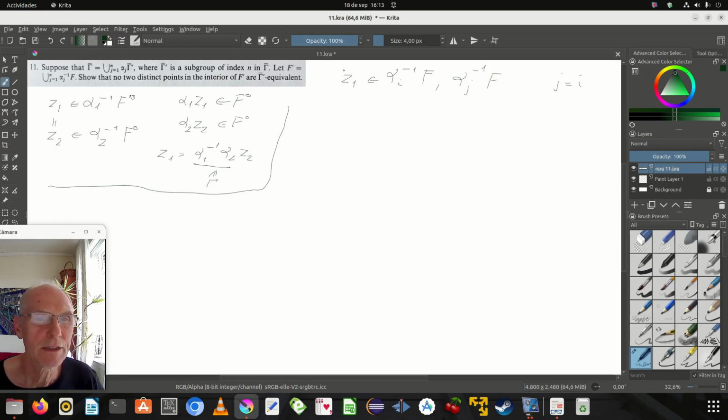And then isn't it obvious that the one it's equivalent to will be in two different ones as well? You know, I made a logical mistake here, because these two are not equivalent. They must be equivalent with a guy in gamma mark. So what I did here was wrong.